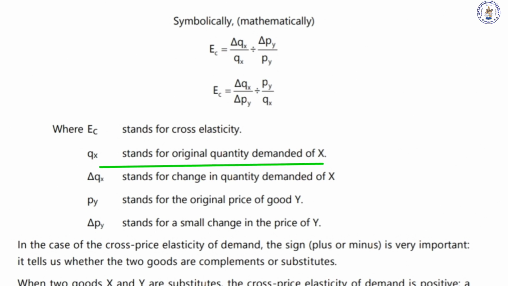QX is the original quantity of commodity X. Delta QX is the change in quantity demanded for commodity X. PY is the original price of commodity Y. Delta PY is the small change in the price of Y. Therefore, EC is equal to delta QX divided by QX, the entire thing divided by delta PY divided by PY. That is equal to delta QX by delta PY into PY by QX.